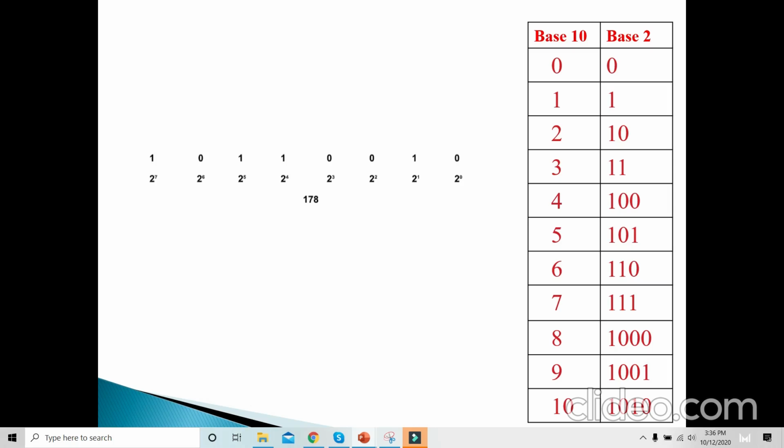Now, let's say number 4. In the conversion from the decimal to the binary number system, it will be 100. Because 2 to the power of 0 is 1, 2 to the power of 1 is 2, but 2 to the power of 2 is 4.